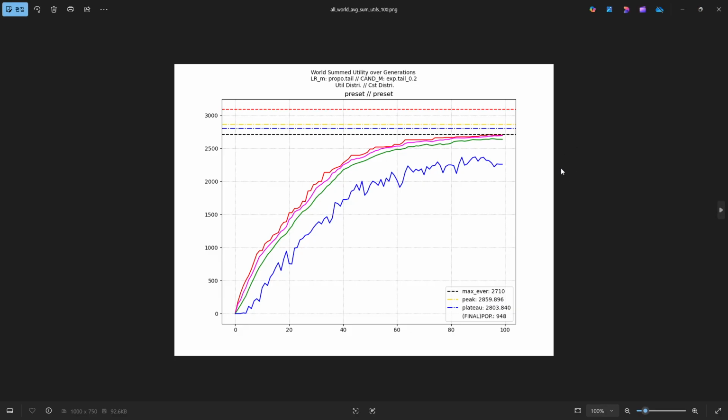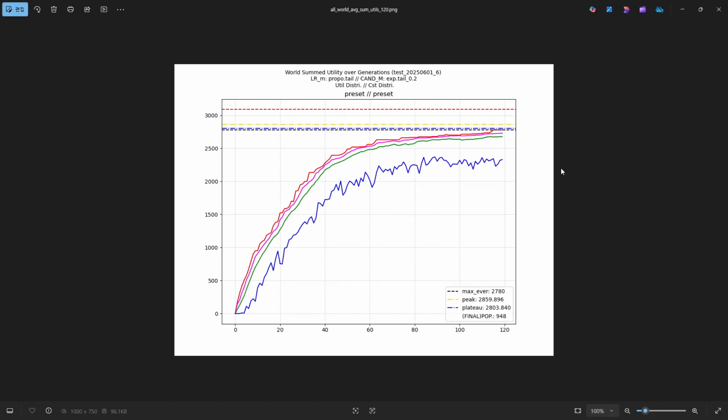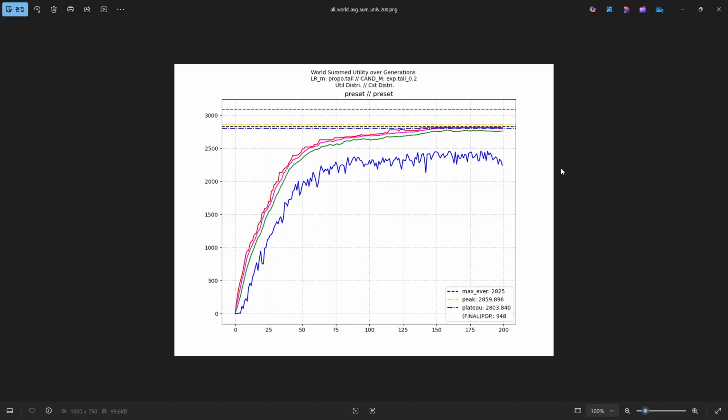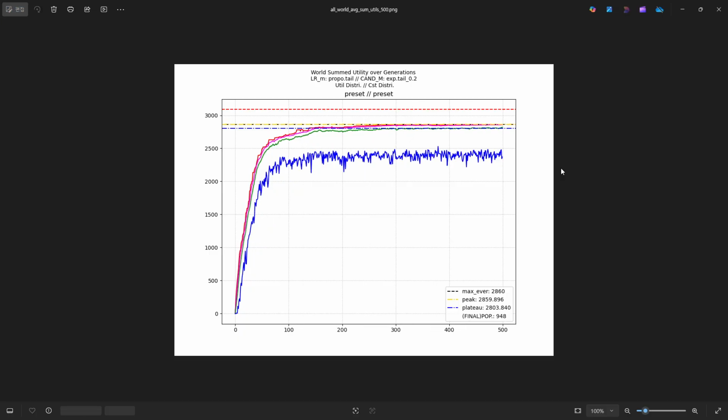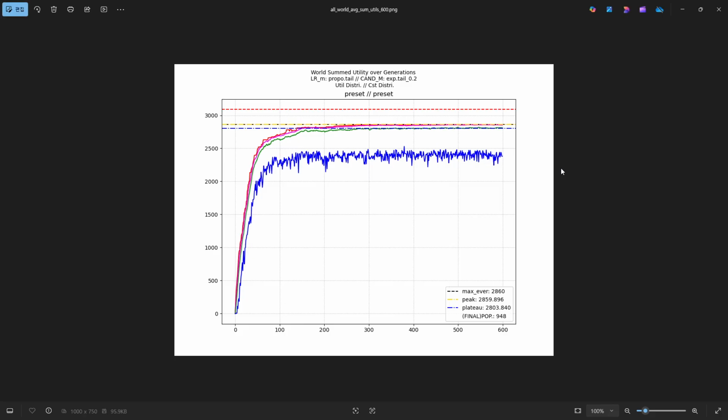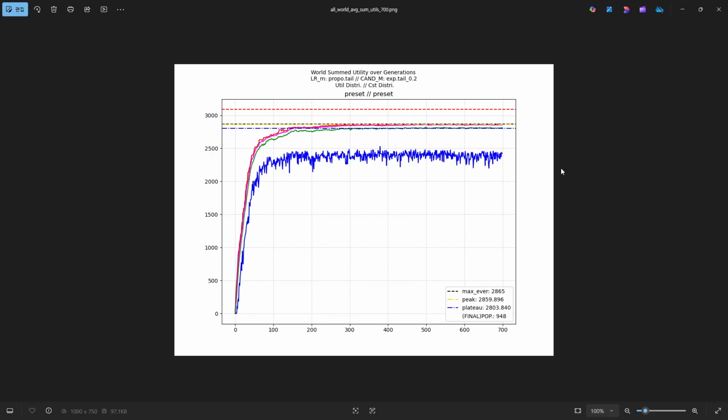Here we go. Okay. So this is when I did everything in one go. This is first era, or until generation 100. Generation 200. Generation 300, 400, 500, 600, 700.